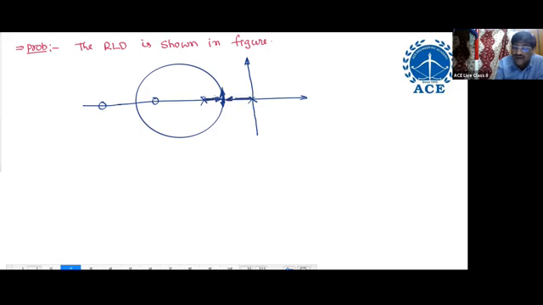Here a root locus branch exists, and here also a root locus branch exists.